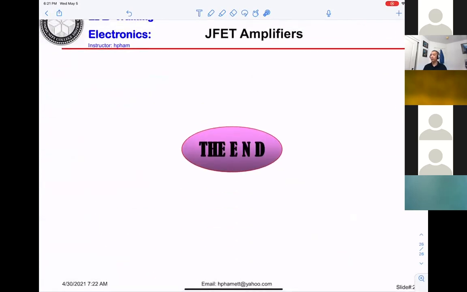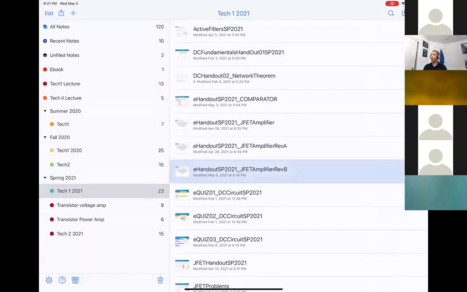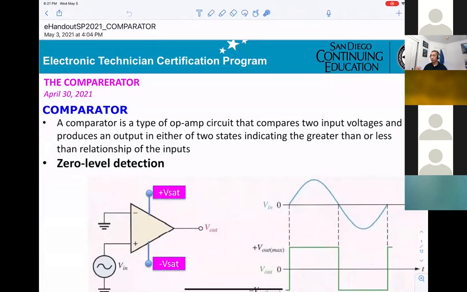Okay, now we need to go to the other one, the comparator. Exactly. That's what we want to go to.